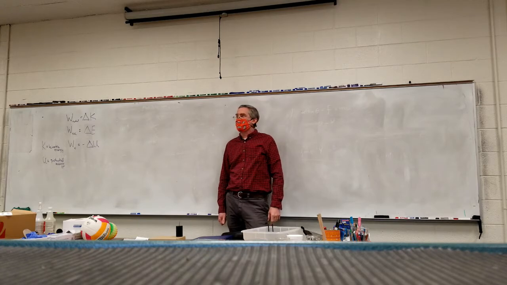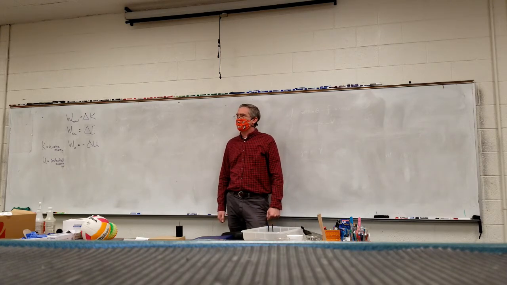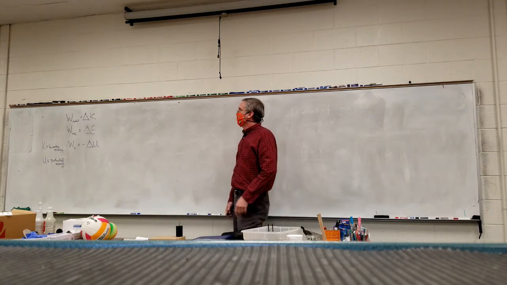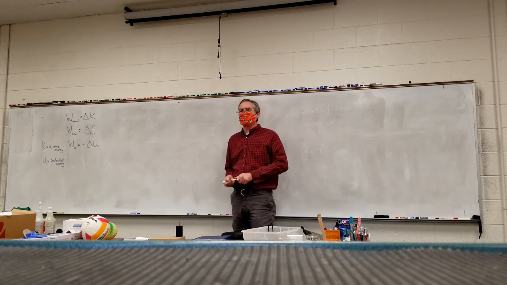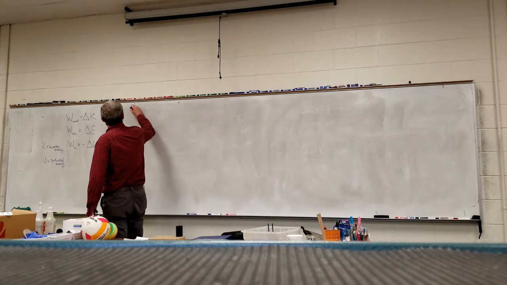All right, here we go, in unison. What's the formula for kinetic energy? 1/2 mv squared. That was lackluster. This time with feeling. What's the formula for kinetic energy? 1/2 mv squared. I'm still hoping for more enthusiasm than that.